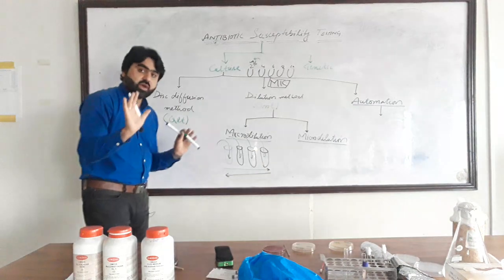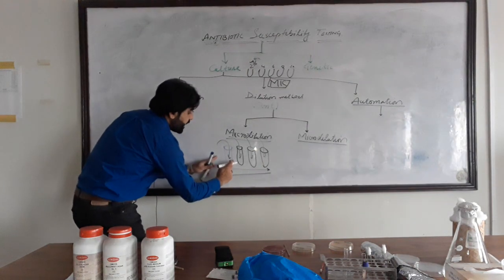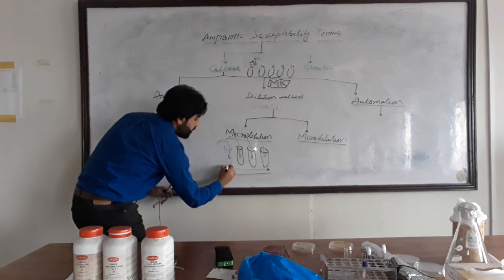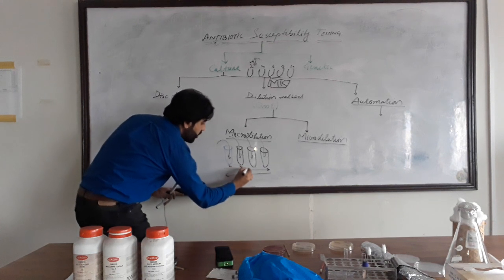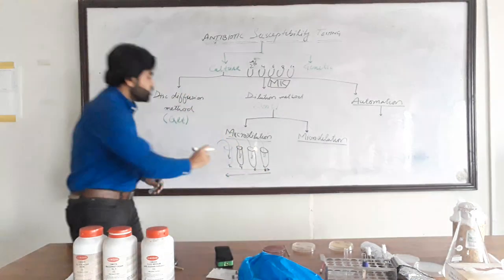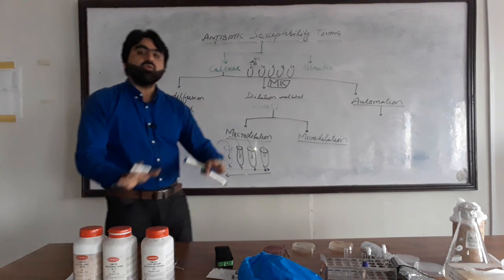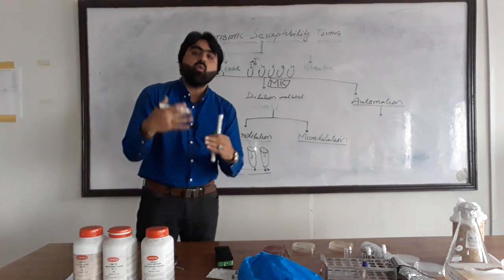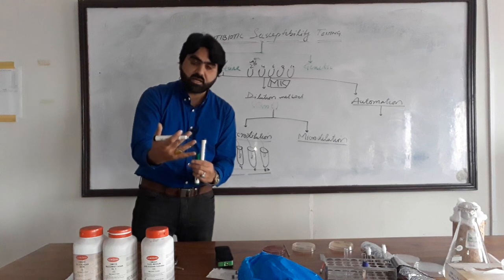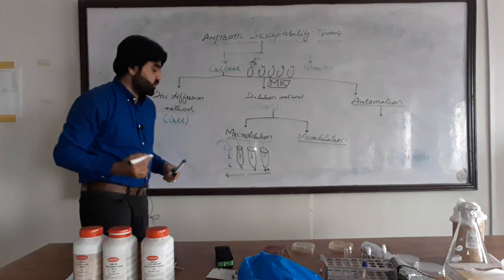For example, this tube contains 2 microgram per ml of antibiotic, this contains 4, this contains 6, and further on 8. You add a standard inoculum to each tube, put all the tubes for overnight incubation at 37 degrees C, and next day you observe for visible growth.